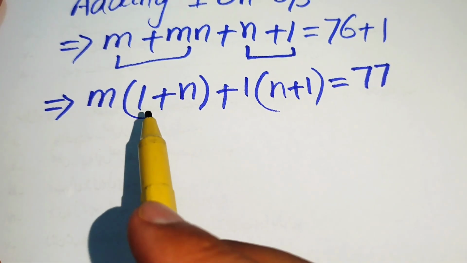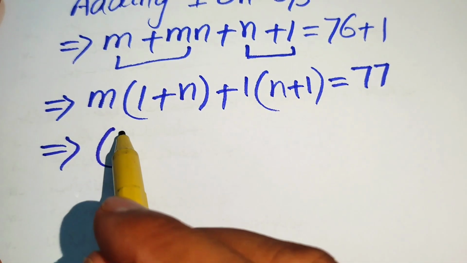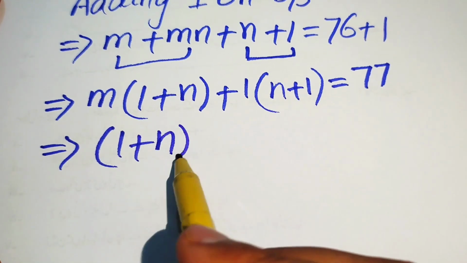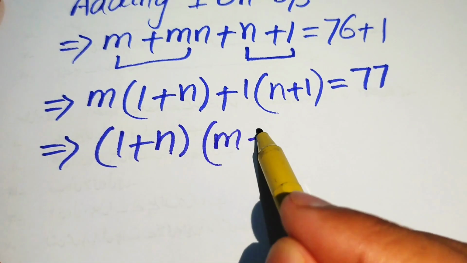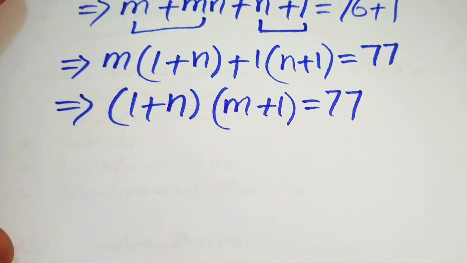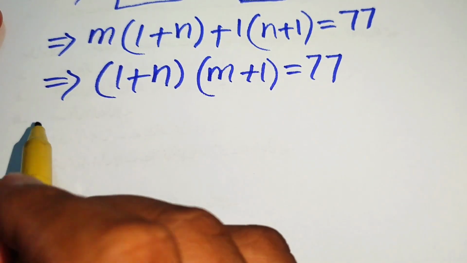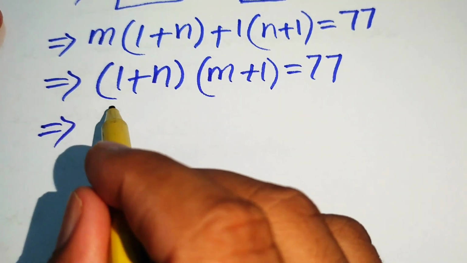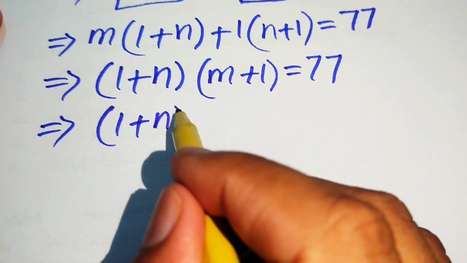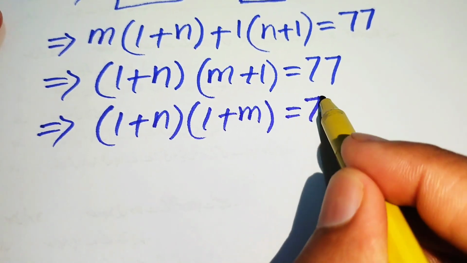And we have n plus 1 as the common factor, so we take it common, 1 plus n, and we get m plus 1 equals 77. Here we rearrange the terms and write it as 1 plus n into 1 plus m equals 77.